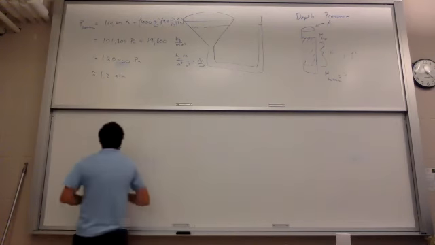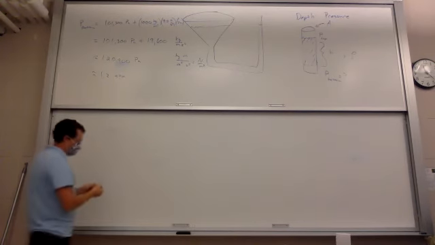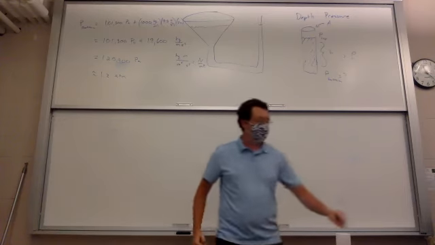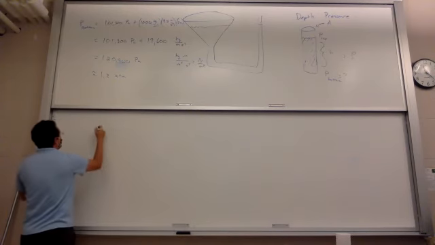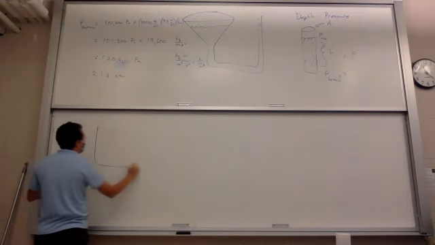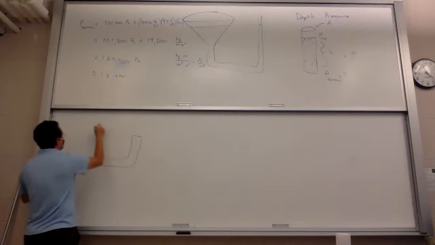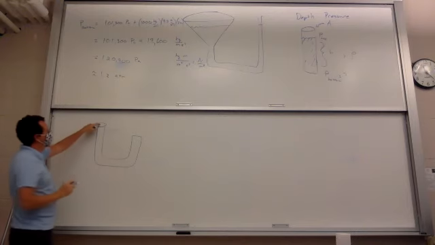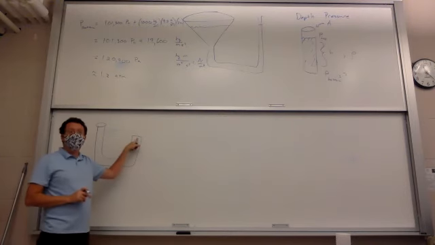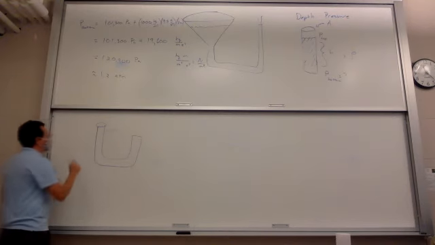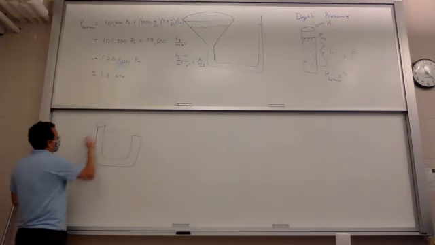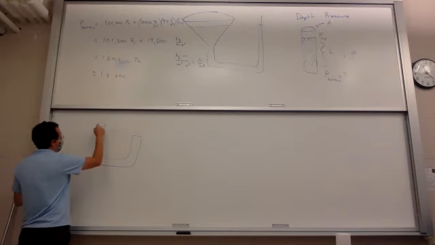I'm going to imagine I have a tube and I'm going to fill it with water. It's going to be shaped like this. So this is open, this is not. This is open to the air on the left. It's closed, it's capped.